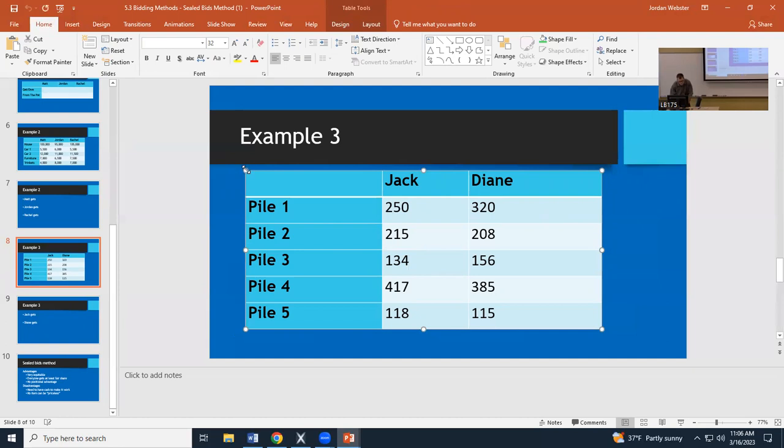Let's do the Jack and Diane example. We'll do one more example of this sealed bids method. Again, master inheritance procedure is another word for it. So I'll skip example 2 and go right to example 3. Is that okay?